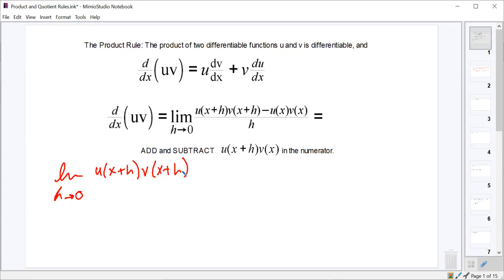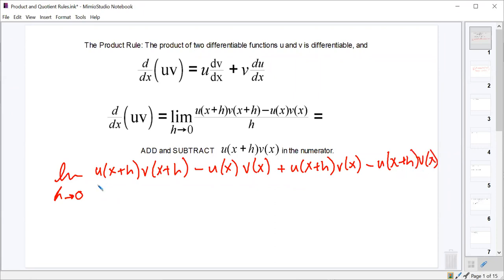Right, because if you add in and subtract it, it's like you put in absolutely nothing at all, right? So plus u of x plus h, v of x, and minus u of x plus h, v of x. Whew, thought I was going to run out of room, but I made it. Okay.